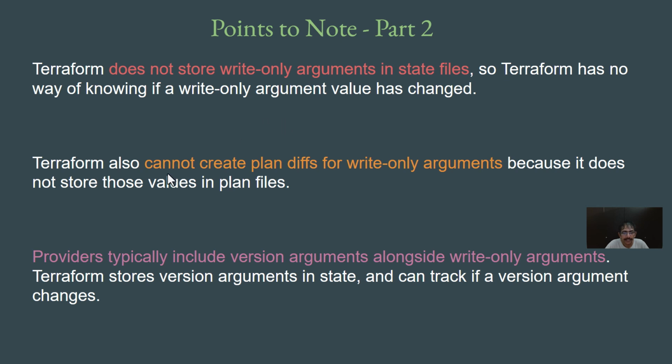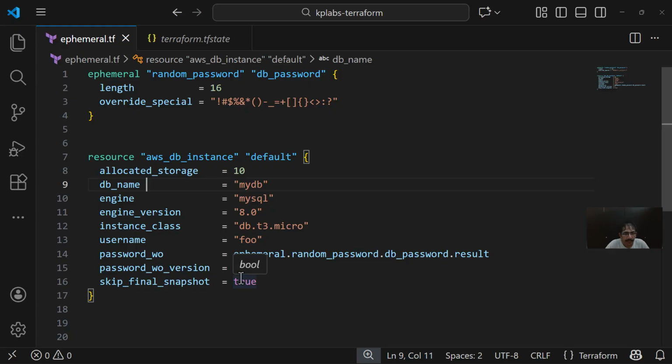This is the reason why providers typically include a version argument along with the write-only arguments. Terraform stores the version argument in the state file and it can track if a version argument changes. For example, here we had specified that whatever password was generated, it is associated with version 1. Now when you increment this version argument, the password will also be updated accordingly.